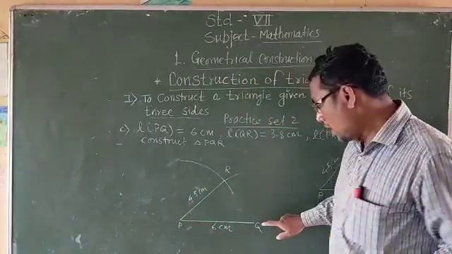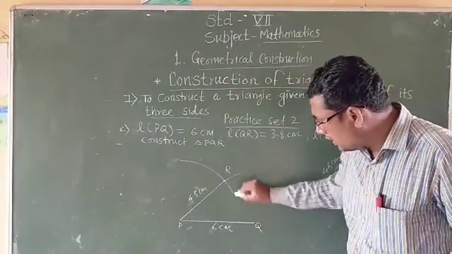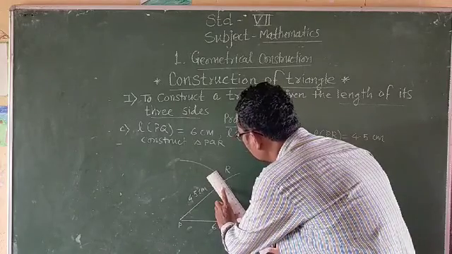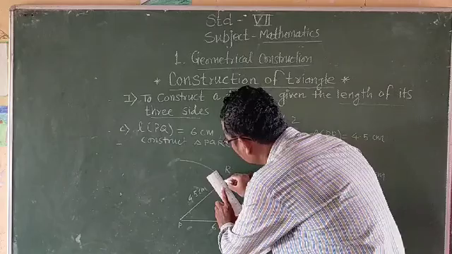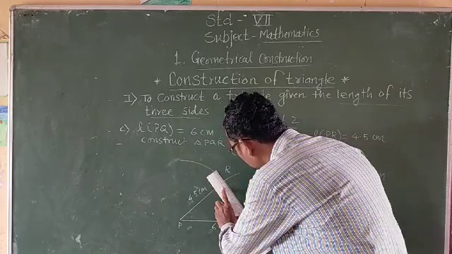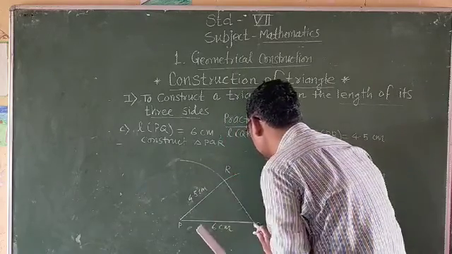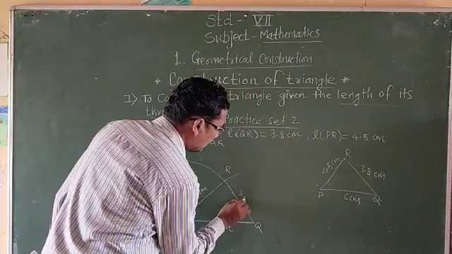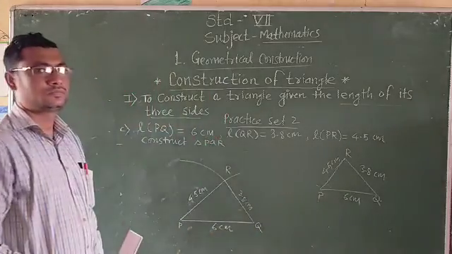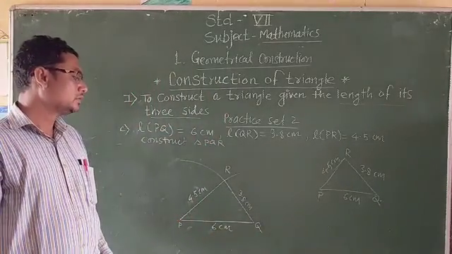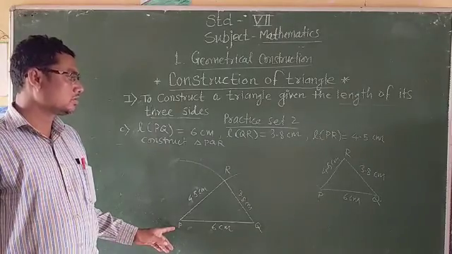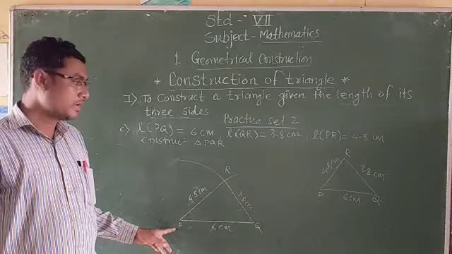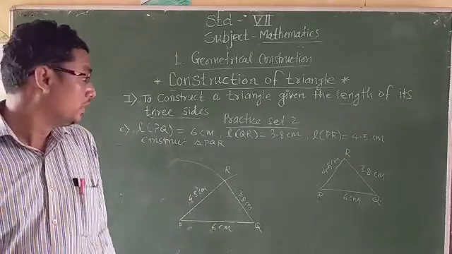Then join Q and R, which is 3.8 centimeter. Join it properly. So we construct the triangle PQR, and we get the required triangle PQR.